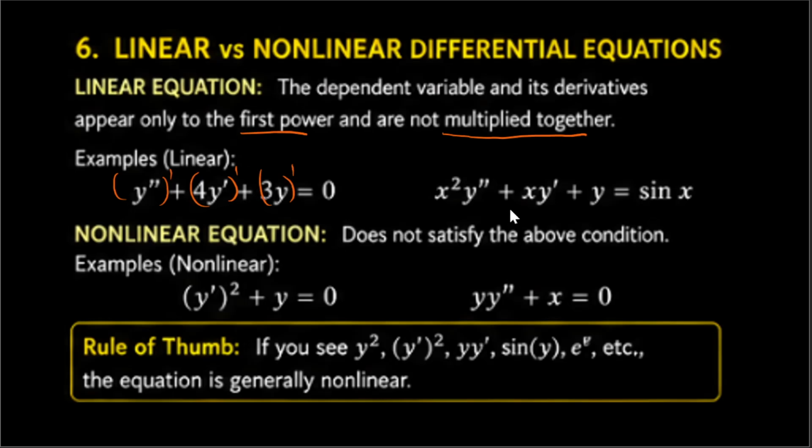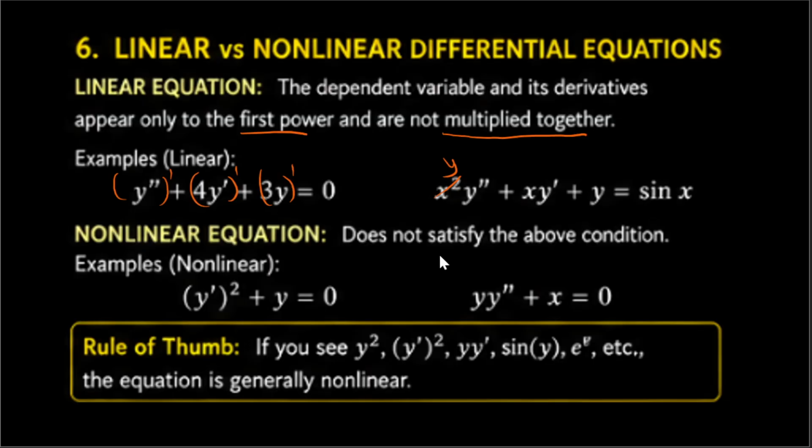For the other condition, the independent variable itself is not multiplied by itself. For example, this one, x squared. This is the independent variable. So therefore, this is linear. For example, if this x squared is replaced by y, therefore this will now become a nonlinear differential equation.